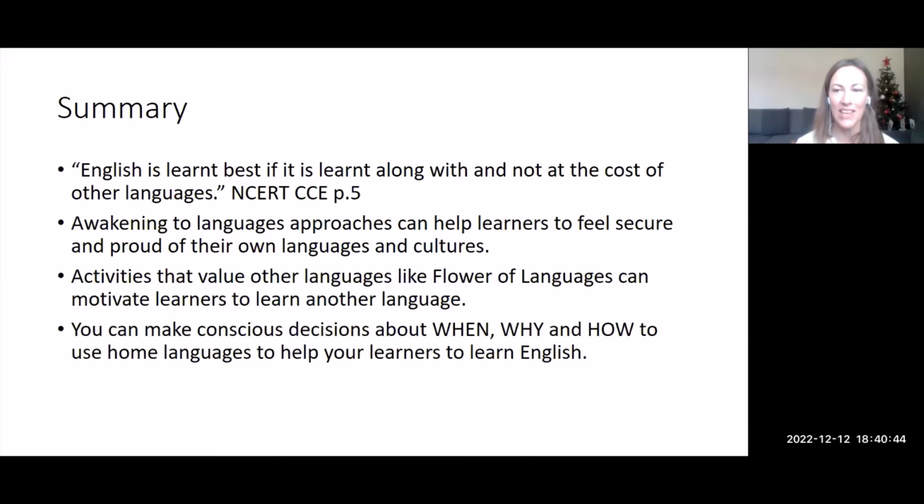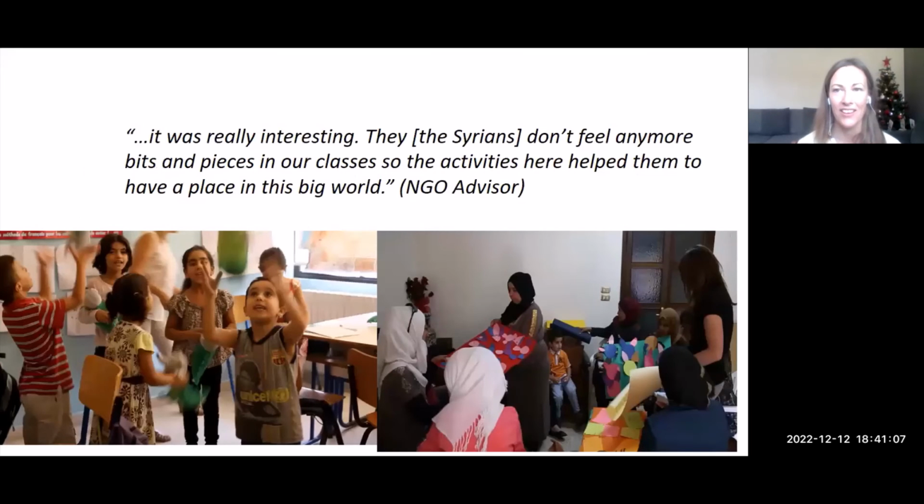And then finally, we can make these conscious decisions about when and why and how we will use home languages in different parts, in different stages, in different situations in our lessons, with the aim of helping our learners to learn English.